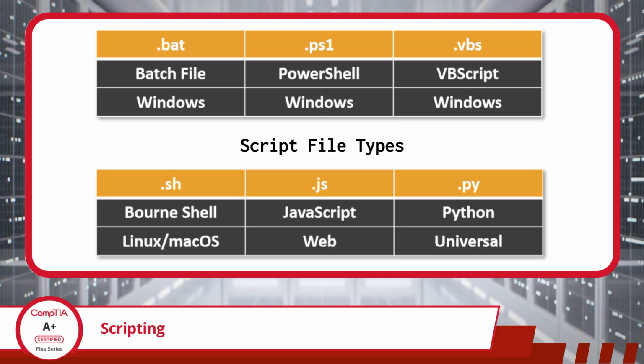On the Linux and macOS side, .sh files are the heroes of automation, handling everything from permissions to updates. As for web-based tasks, there's .js, the file extension for JavaScript. And for those who love versatility, .py files bring Python into the mix, capable of everything from automation to data analysis. As you can see, each file type has its own strengths, making scripting languages truly adaptable.